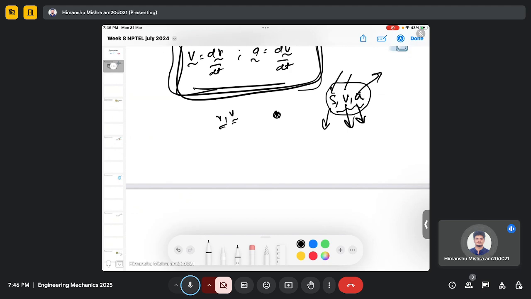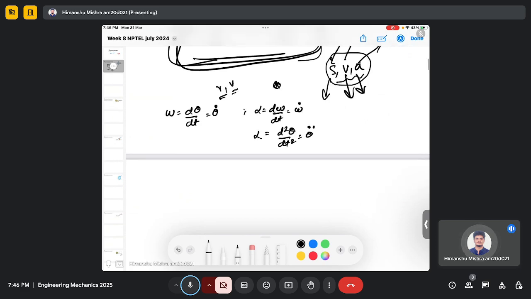The form of the equation will be the same. For example, my angular velocity omega will be given as d theta by dt, which is theta dot, and angular acceleration will be d omega by dt, which is omega dot. This can also be given as d squared theta by dt square, which is theta double dot.